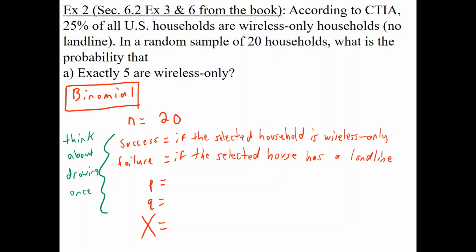Okay, then we're going to write down P and Q and capital X. P, again, we're thinking about selecting one. If you select one household, what's the probability it's wireless only? The problem tells us it's 25%. Now, for whatever reason, I see students do weird things with this 25%. If they write 25 over 100, it's not the end of the world. But you don't have to. You can write it as a decimal. I see sometimes students try to make the denominator 20.